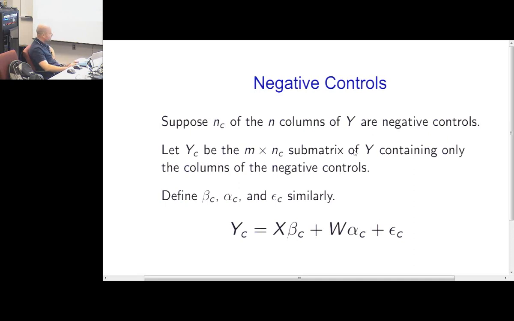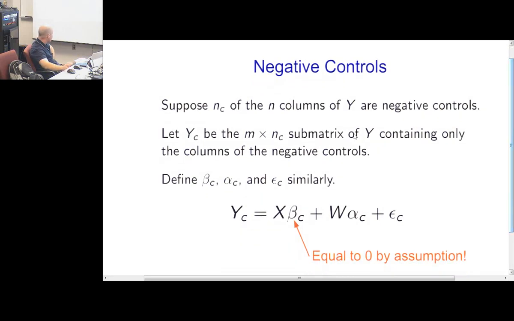Now, what's important here is that this beta sub c is equal to 0 by assumption. That is our assumption that the negative controls are unaffected by the factor of interest.